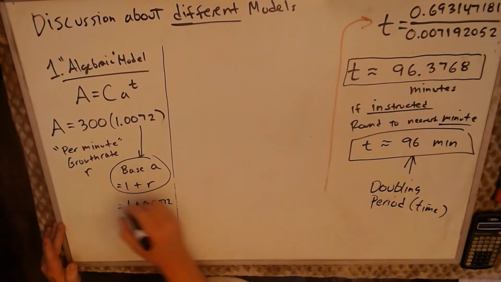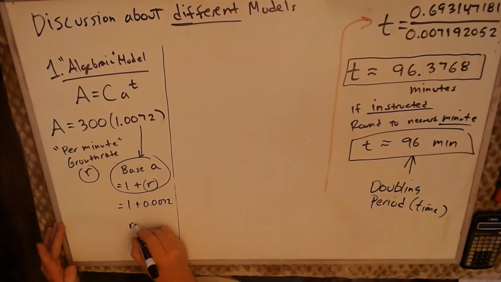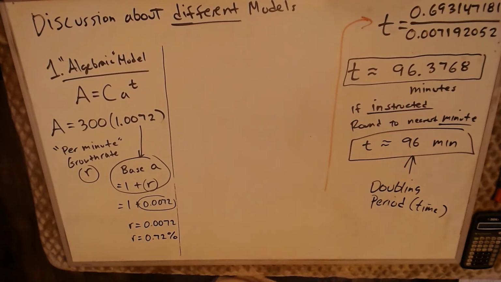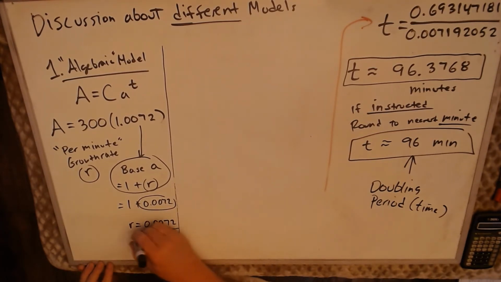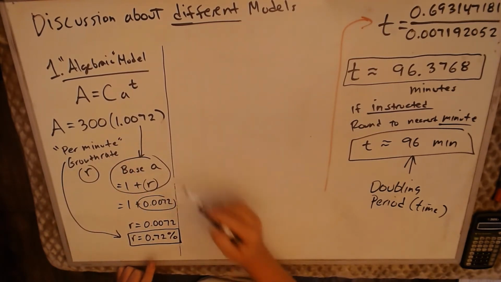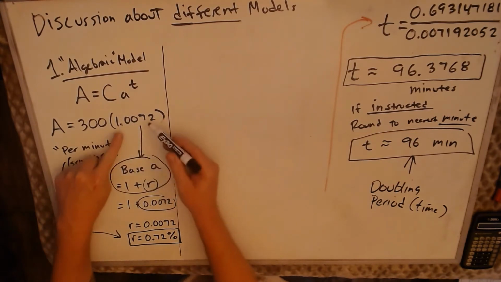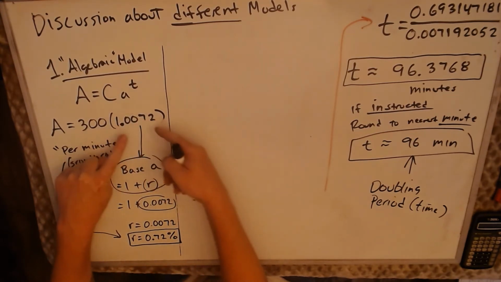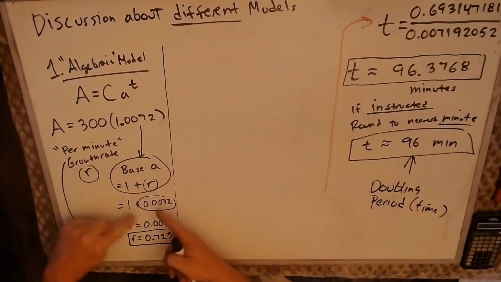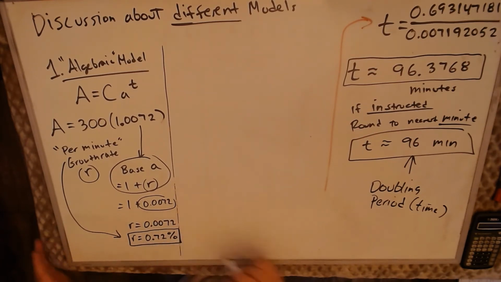That means that our R here is 0.0072, or 0.7 of a percent, or 72/100ths%, less than 1%. So that's the per minute growth rate. You take your base. Your base is 1 point, whatever it happens to be, in this case 1.0072. It's 1 plus the growth rate, so obviously the growth rate is 0.0072. So that's our per minute algebraic model.